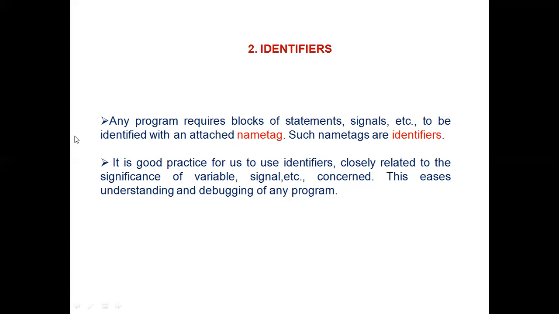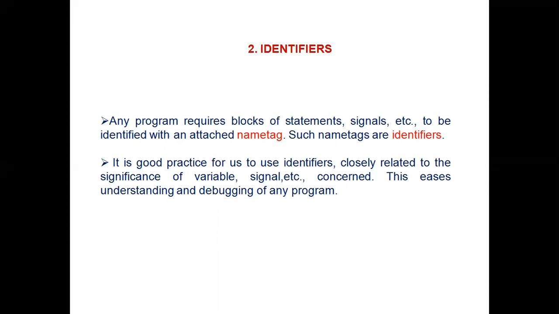It is a very good practice to use identifiers closely related to the significance of a variable, signal, etc. This eases the understanding and debugging of any program. If you place the name tags meaningfully according to your statements, it will be very easy to understand and debug any program.